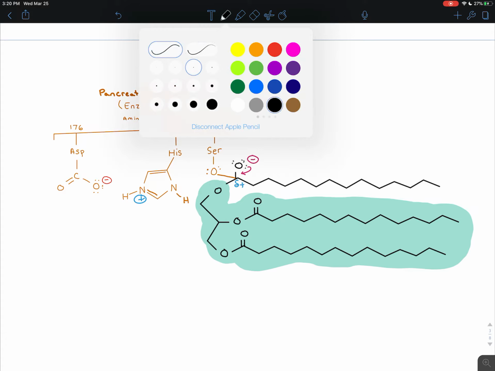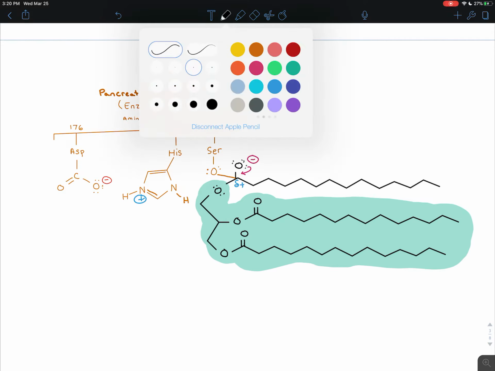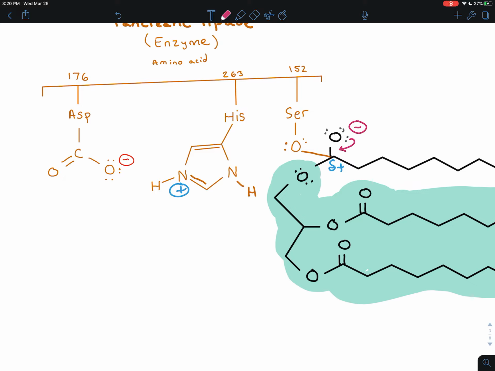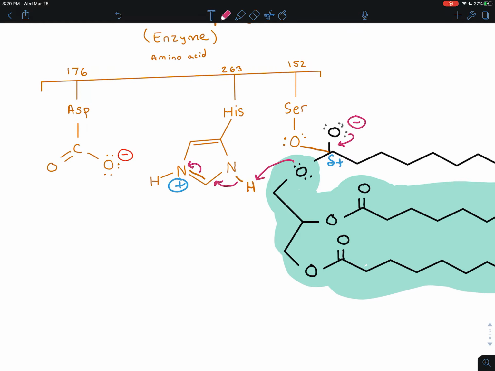That oxygen would be a bad leaving group all by itself because it would have a negative charge. But to stabilize that negative charge, it steals this hydrogen back. That pushes these electrons back, and then these electrons become a lone pair again to stabilize the positive charge on this nitrogen.